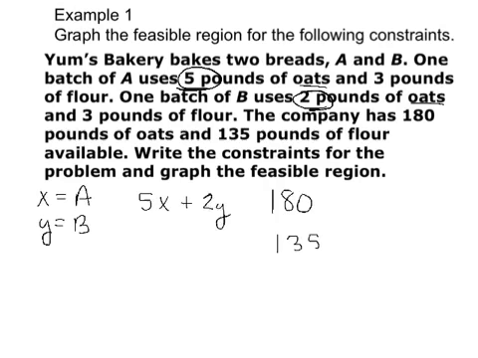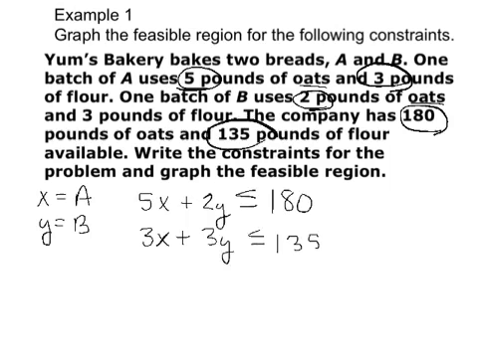That's oats, so 5 pounds of oats for batch A, 2 pounds of oats for bread B, and that has to be smaller than or equal to 180 because they only have 180 pounds of oats. Let's look at the flour. 3 pounds for bread A and 3 pounds for bread B. They only have 135 pounds of flour. Those are your constraints. The other ones are bread A has to be greater than or equal to 0. Bread B has to be greater than or equal to 0. We're going to graph our feasible region.